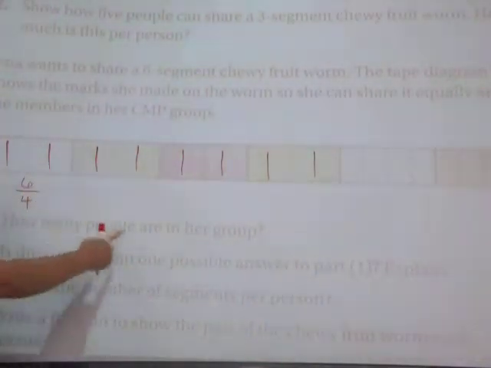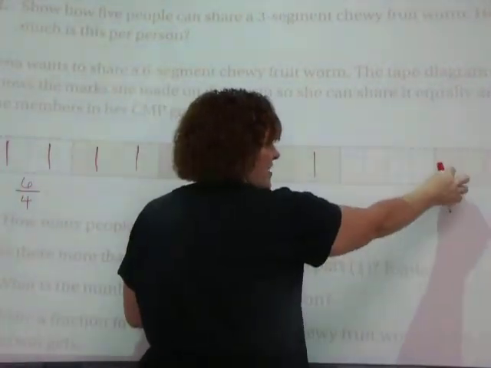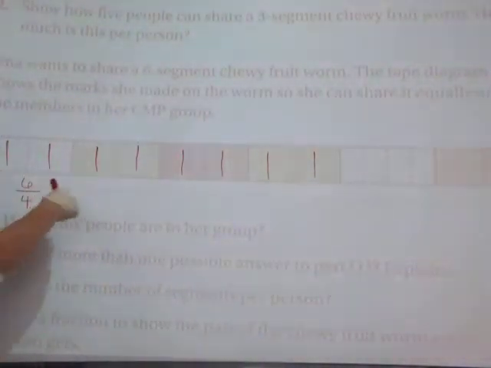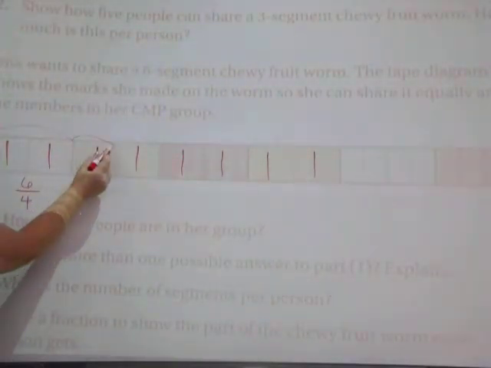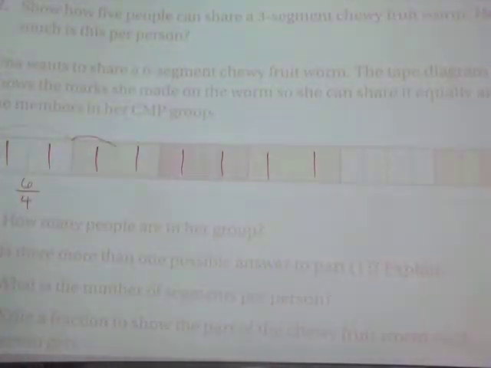They got 1 whole segment and a half. So that means that they would have gotten 6 of the 4s. They would have gotten 1, 2, 3, 4, one of these 5, and one of these 6. So they would have gotten 1.5 segments. So that would have been person 1.